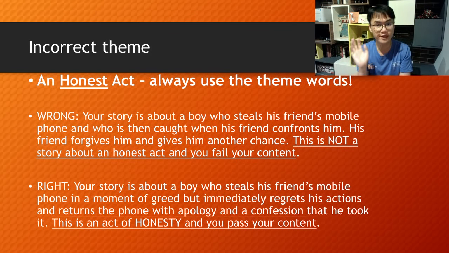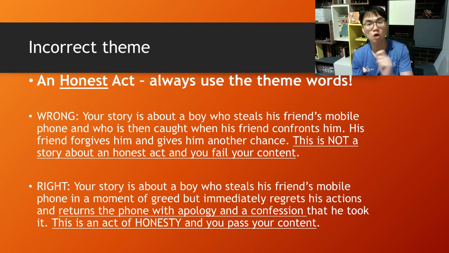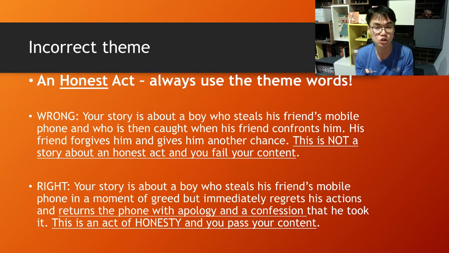And then he confesses and apologizes for his act of stealing. Now that is an honest act. That is being honest. Even though that person may get punished, he or she is being honest. And if your story is about that act, then you will certainly score very high.